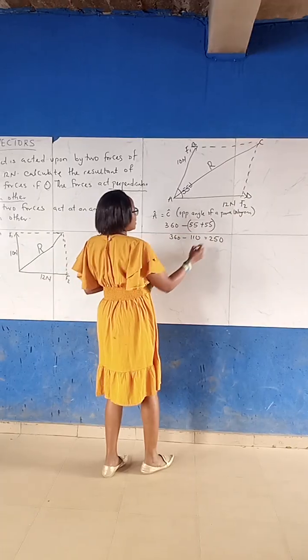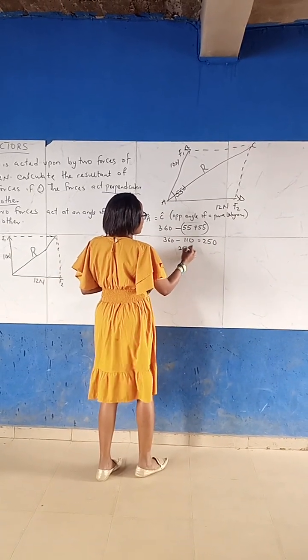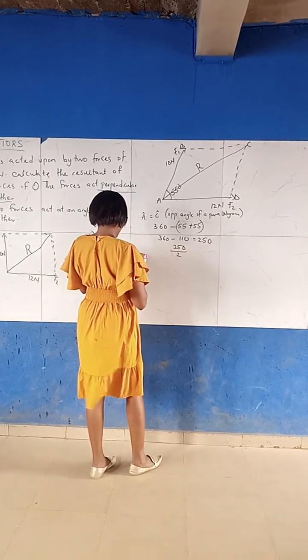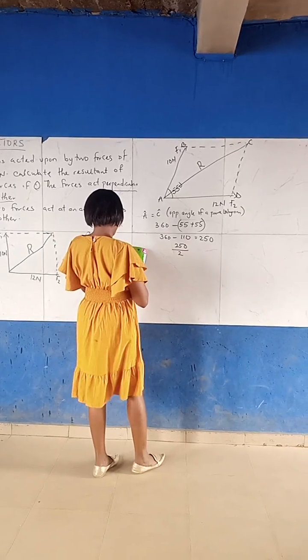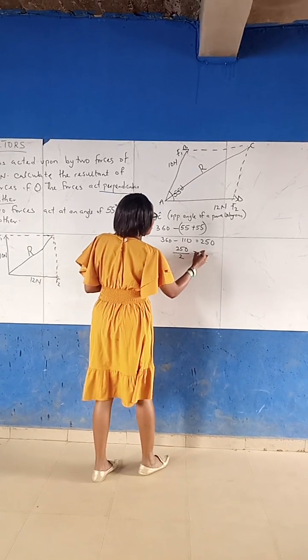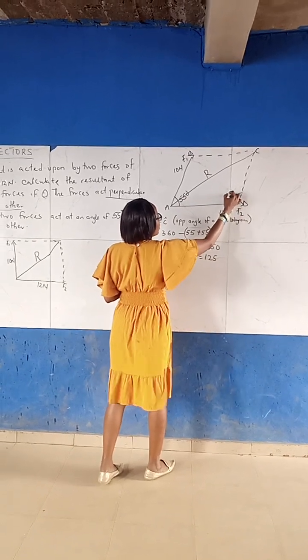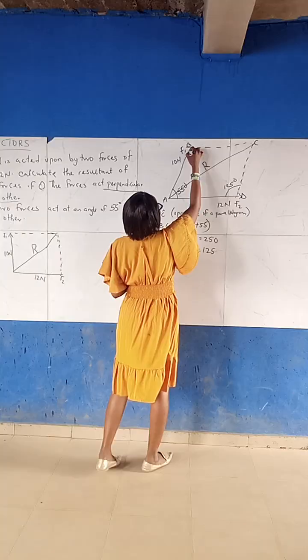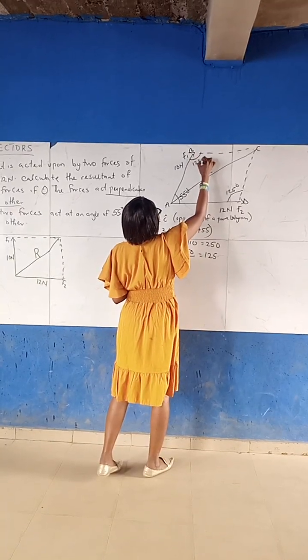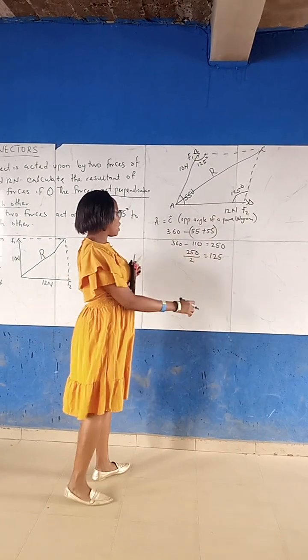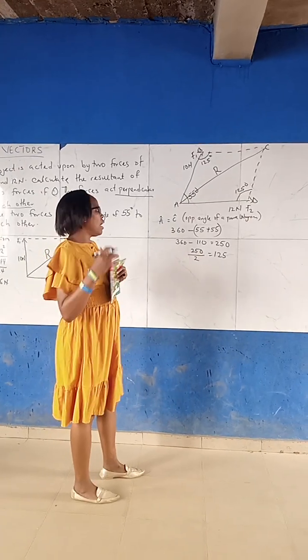To get B and D, I'm going to divide 250 by 2, and it's going to give me 125. So my angle D is 125 degrees, while my angle B is also 125 degrees. Why? Opposite angles of a parallelogram are equal.